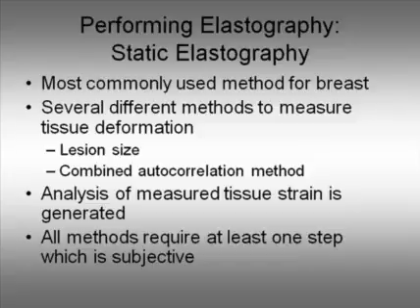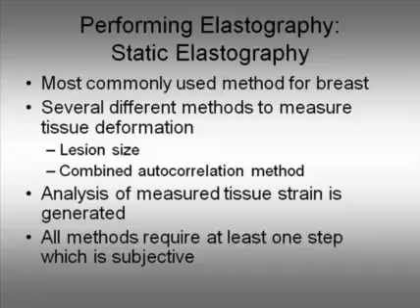I'm going to start by discussing static elastography because at the moment that is the most commonly used method for breast elastography, the most commonly available modality on different ultrasound machines. Now, the method of producing the elastography is the same for all of these machines in that the pressure is applied by the transducer itself.